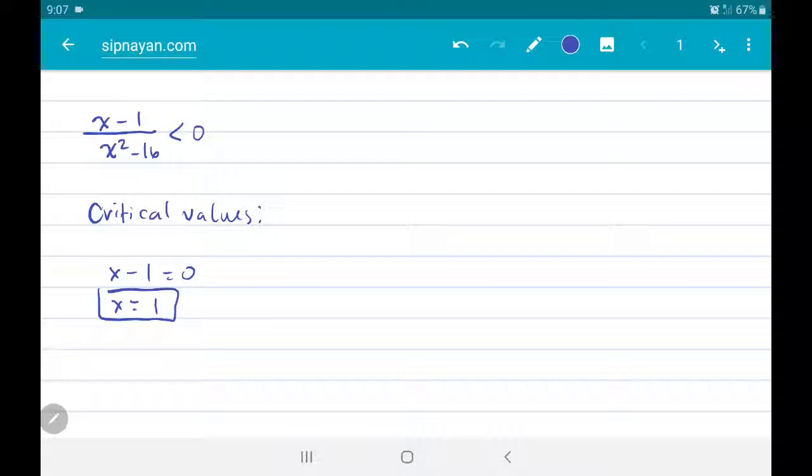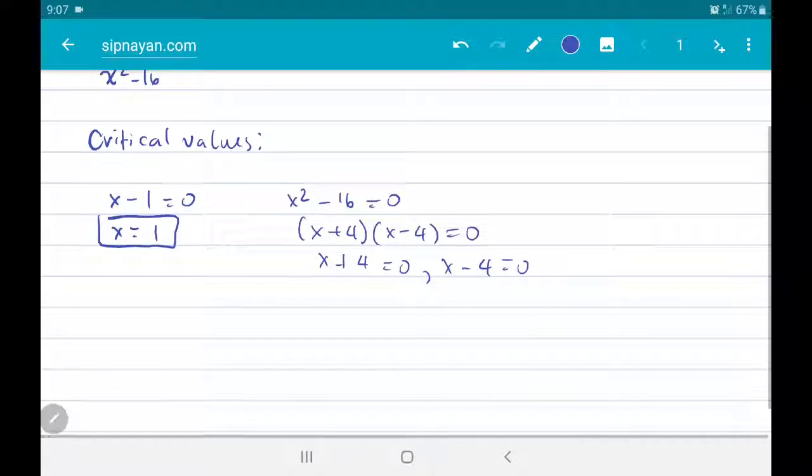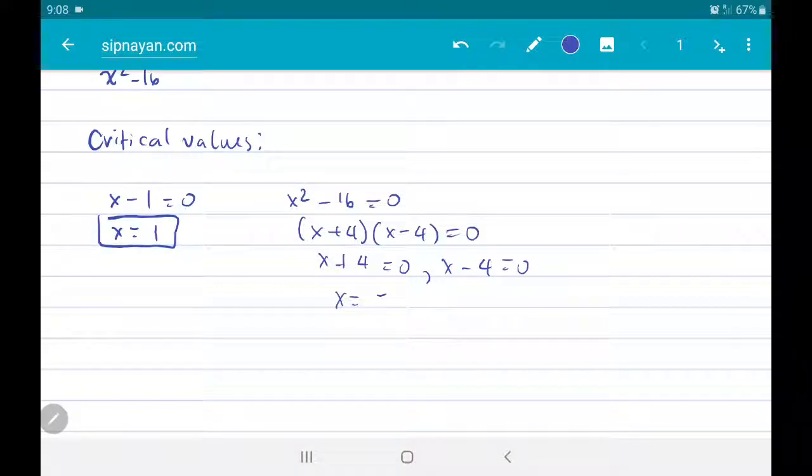And then for the denominator, we have x squared minus 16 is equal to 0, which means that x plus 4 times x minus 4 is equal to 0, which means x plus 4 is equal to 0 and x minus 4 is equal to 0. Ibig sabihin x equals negative 4 and x is equal to 4. Okay, so yun yung mga critical values natin, no?